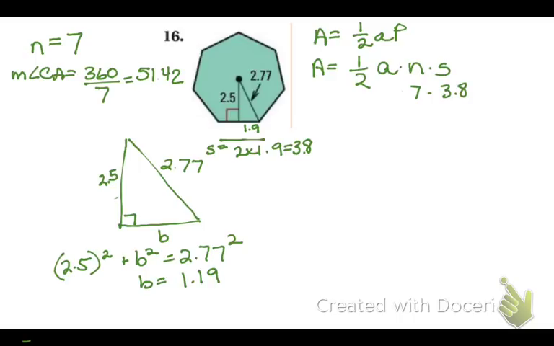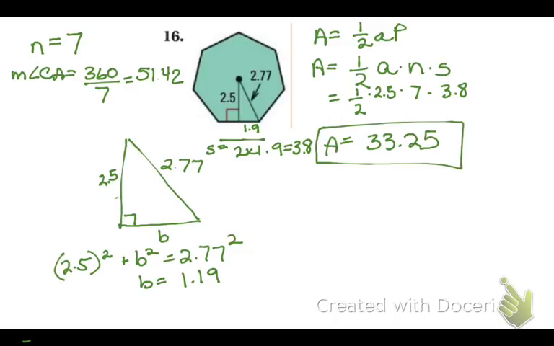We're given our apothem is 2.5, and then we've got to keep our 1/2. If we do all that math, what we end up with is the area is equal to 33.25. And that's our answer.